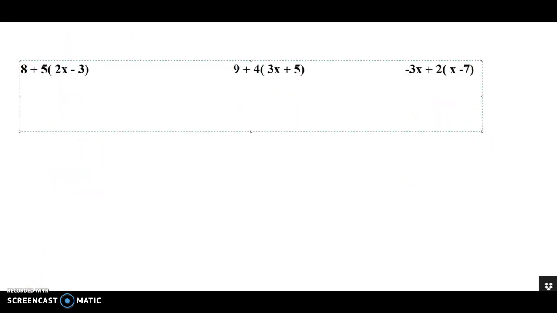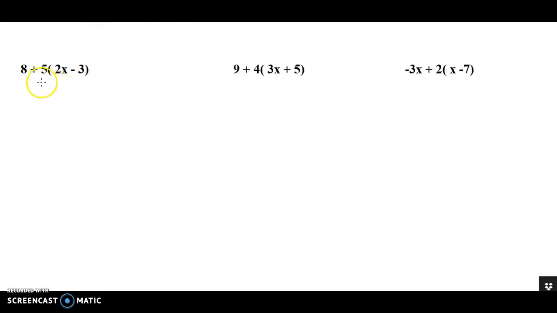Now in this exercise, we're being asked to perform both combining like terms and the distributive property. So in order to do these, the first thing we're going to do is remove the parentheses by performing the distributive property. So how does that look? Let me get my marker here.